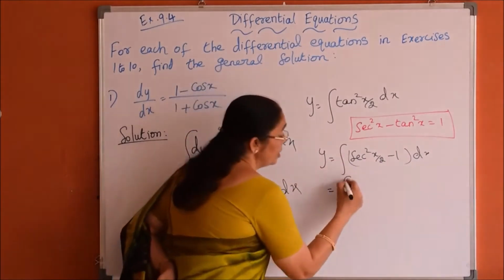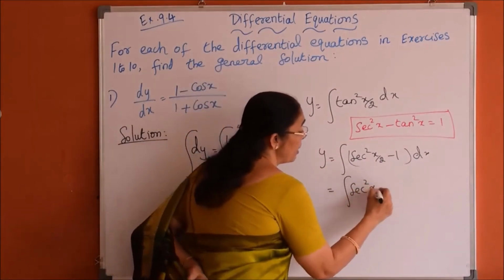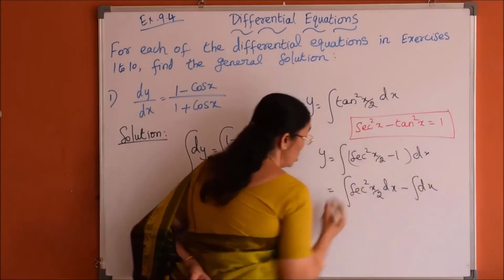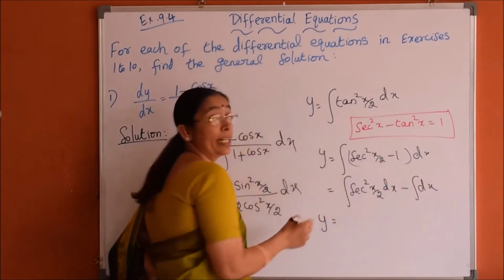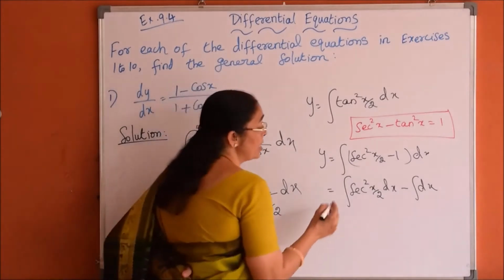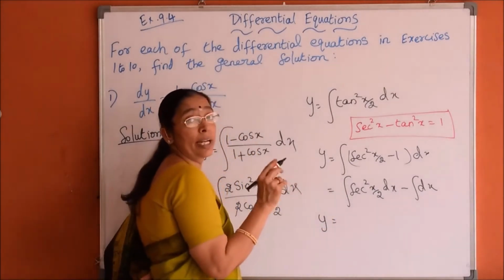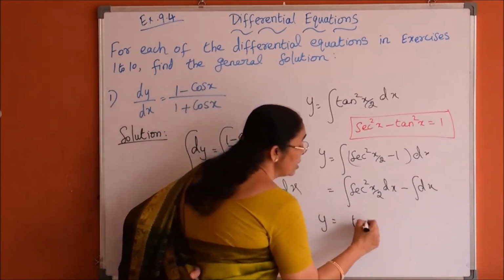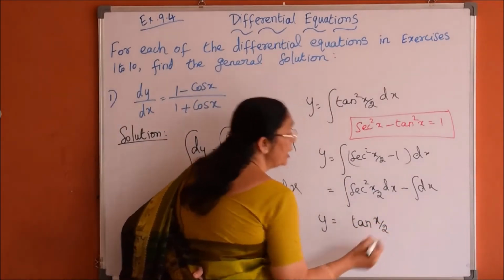We can separate it as integration of secant square x by 2 dx minus integration of dx. So y is equal to integration of secant square x by 2. Integration of secant square x is tan x, so integration of secant square x by 2 is tan x by 2 into chain rule.